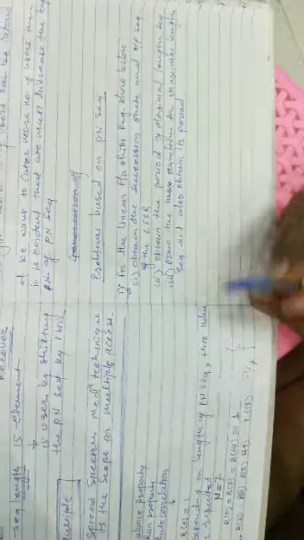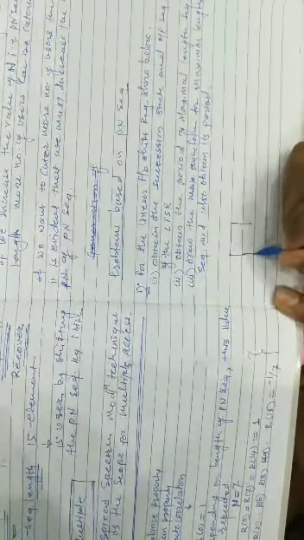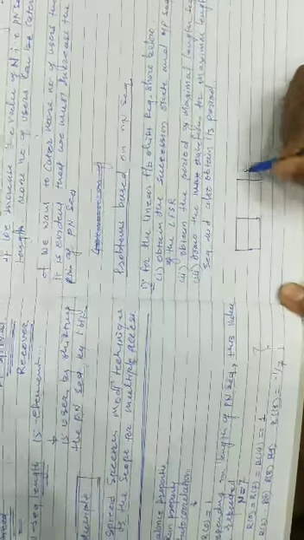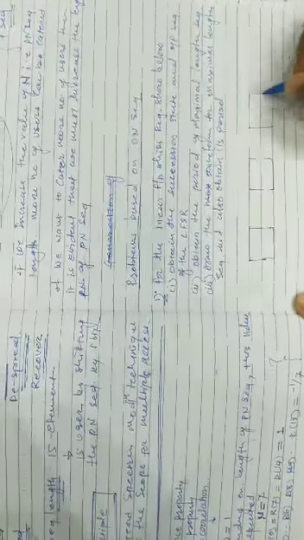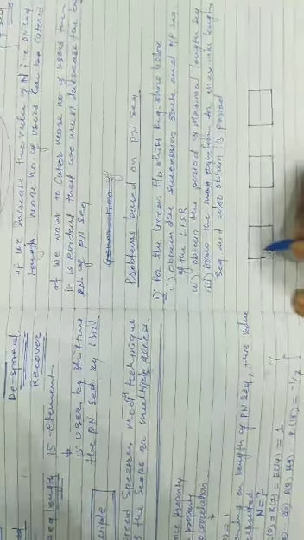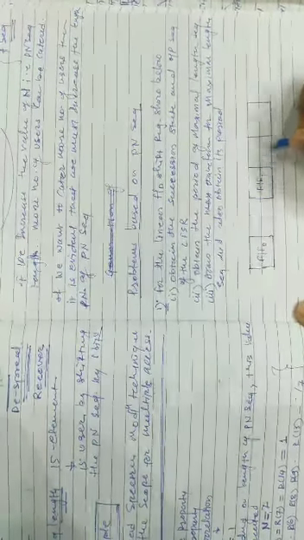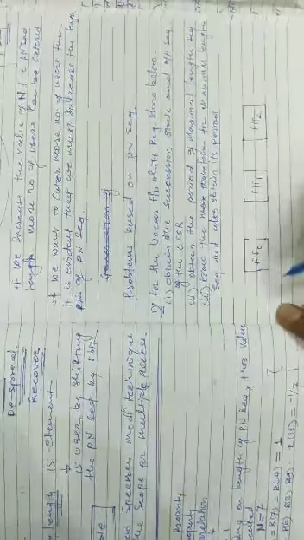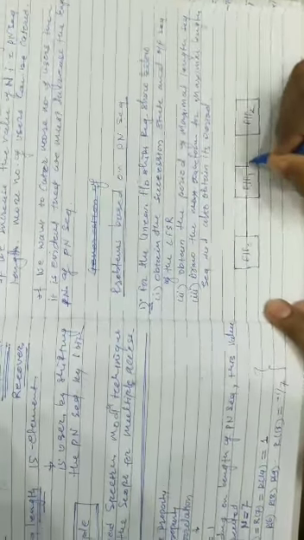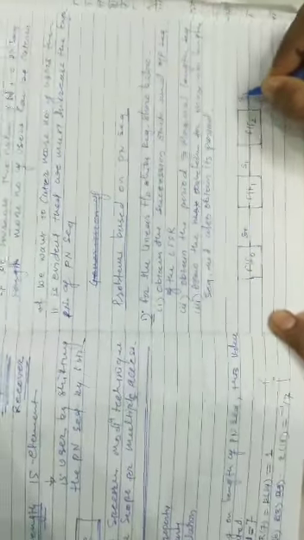The LFSR is like this one. Let this be FF0, this be FF1, this be FF2. Let the corresponding outputs be S0, S1 and S2.